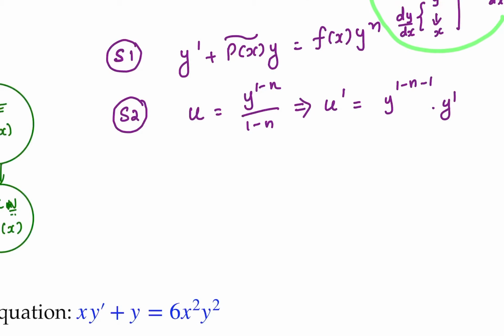And step 3 is now we are going to rewrite this. Using this, what's going to happen is that now you're going to have a new differential equation. Now you're going to have a linear differential equation, and you need to rewrite it in the standard form, which is u prime plus p of x times u is equal to q of x, and follow the previous method we did earlier and solve using that.